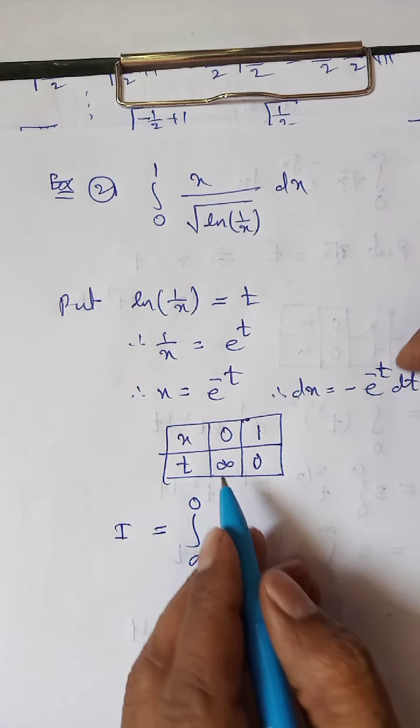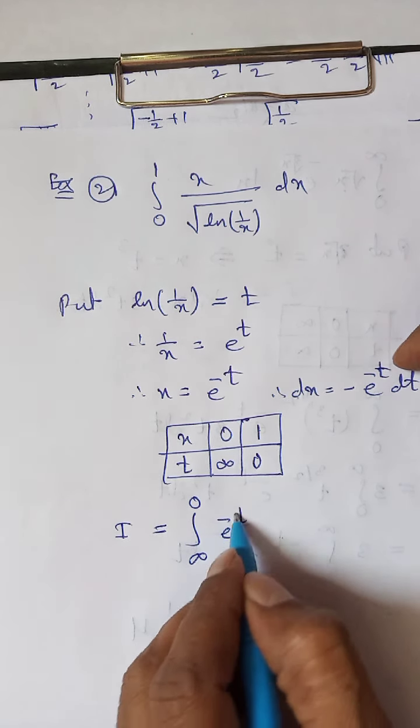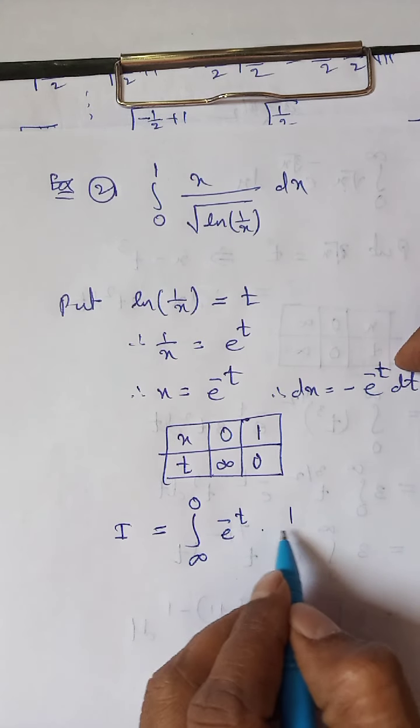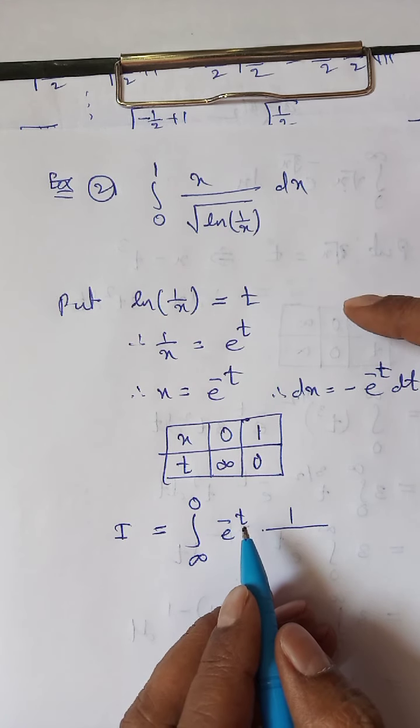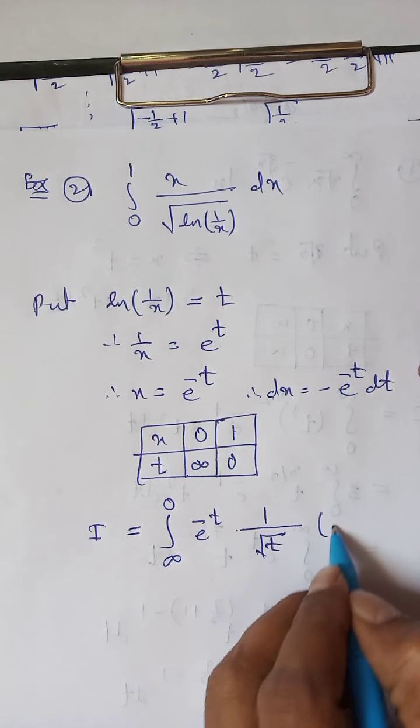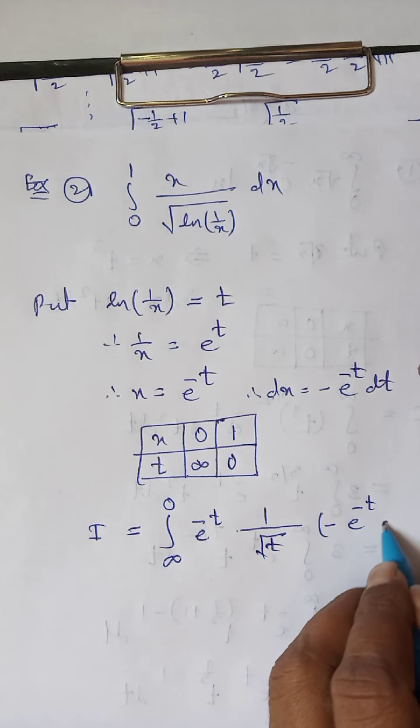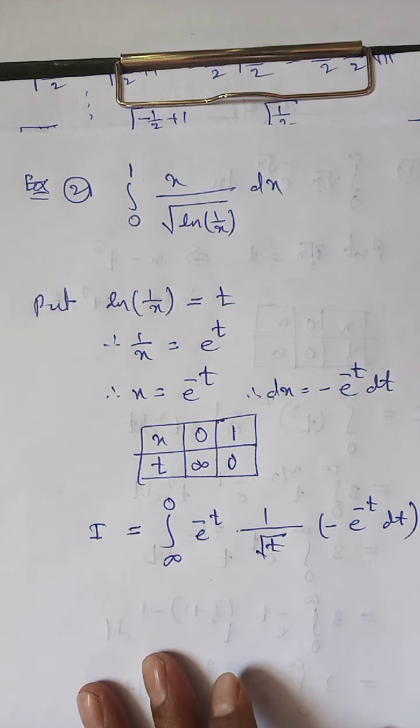So this integration's new limits are from infinity to 0. x is e to the power minus t, into 1 upon root of log 1 by x, but log 1 by x is t, so it's root t, into dx. dx is minus e to the power minus t dt.